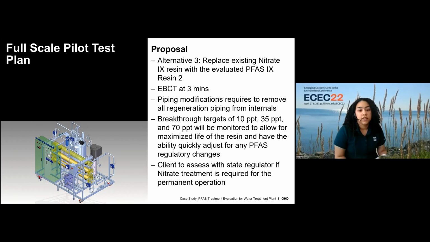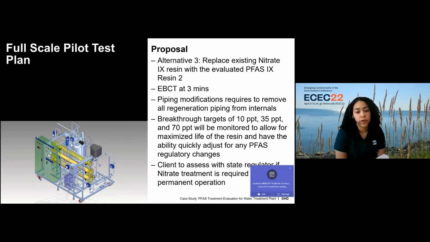And seeing as PFAS is constantly changing and currently they're meeting EPA standards and not state standards that may or may not be enacted within the next year or so, we proposed to them to have breakthrough targets at 10 parts per trillion, 35 parts per trillion, and 70 parts per trillion in case any changes were to occur.